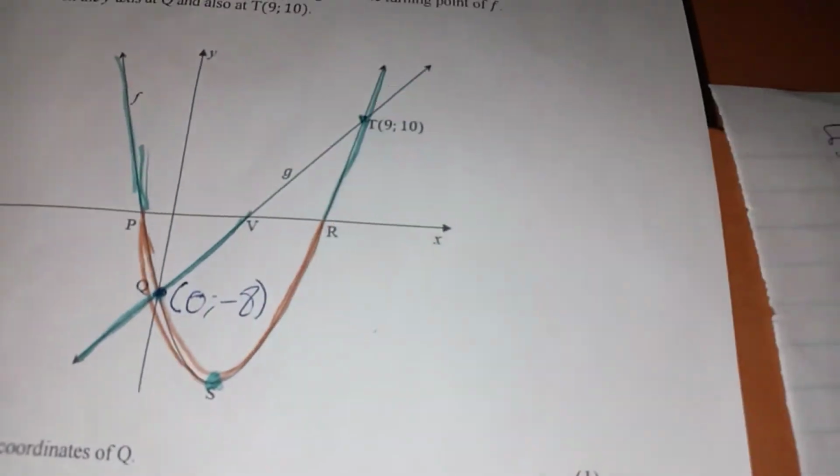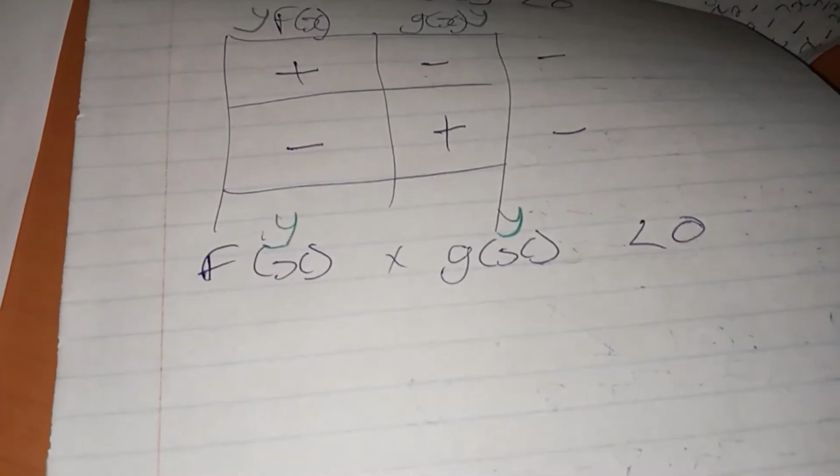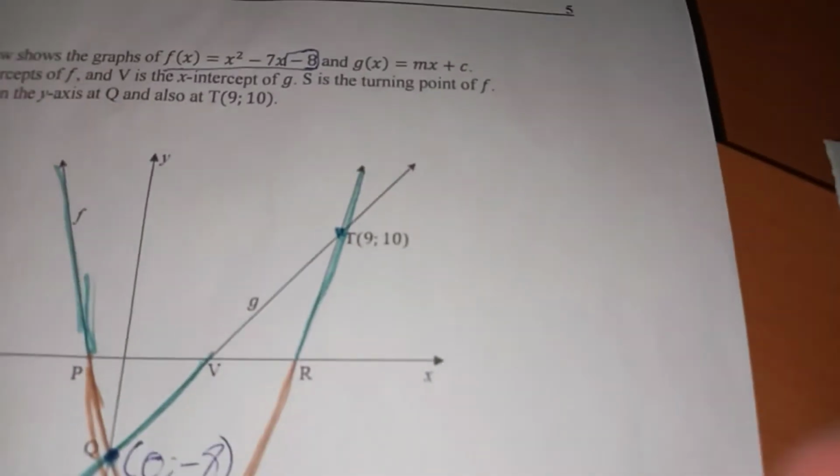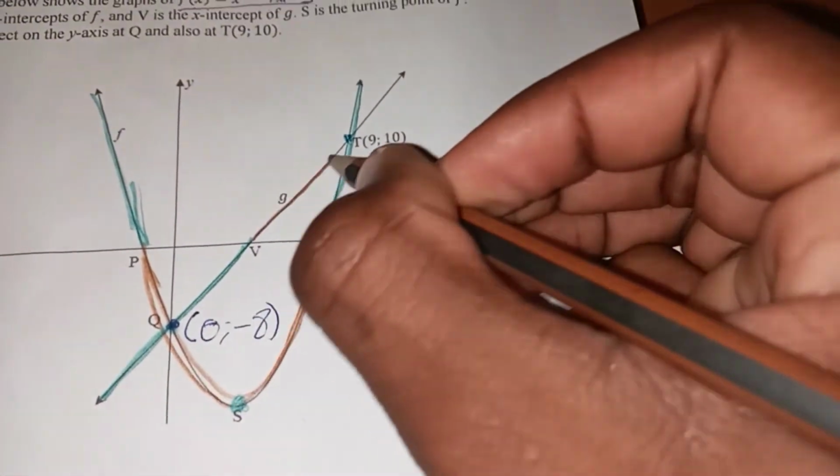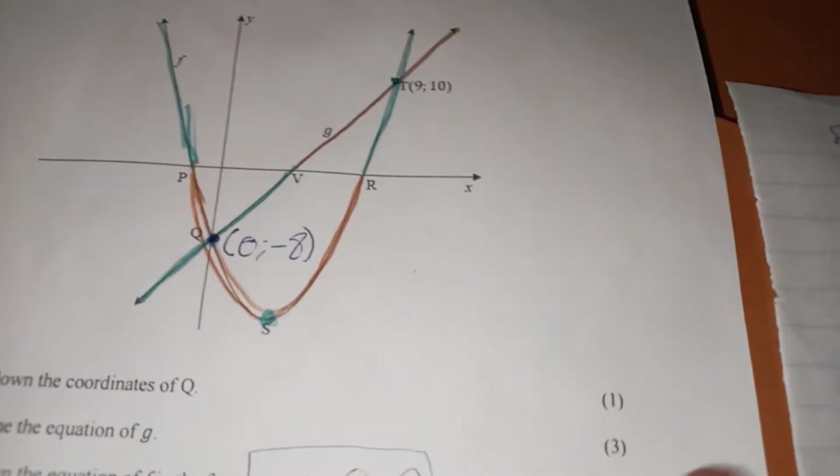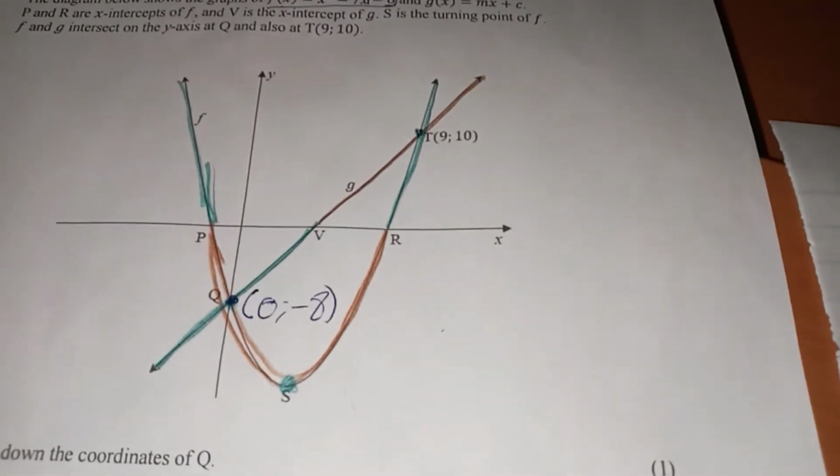So let me use a different color to show that below my x-axis I have negative y values of f, and then the negative y values of f must be multiplied by positive y values of g, right? So where I have my positive y values of g is above my x-axis. So I have everything now. Now we can move into the answering, right?